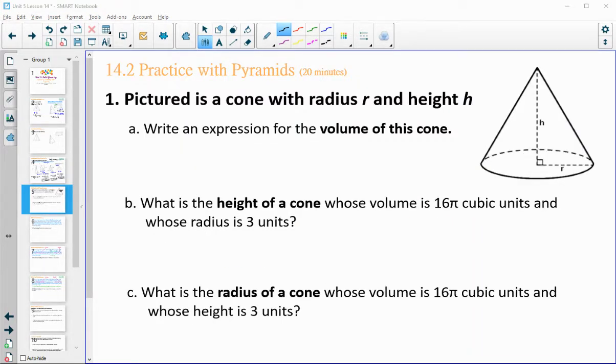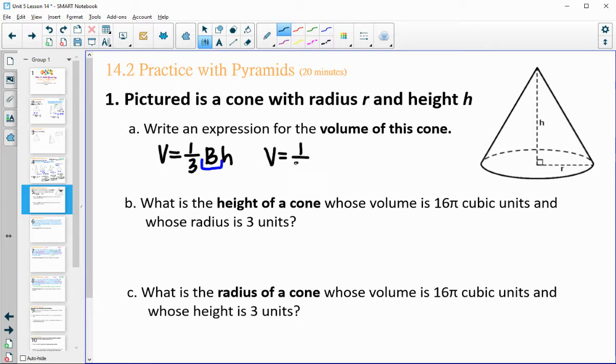So then in this next one, you have a cone that's pictured. So let's write an expression for the volume of this cone. There's no actual measurements here, so we're just going to use the r and the h. So remember that the volume formula is 1/3 area of the base times the height. So what we can do is plug in for the area of the base.